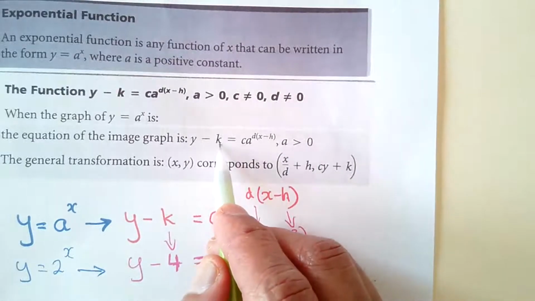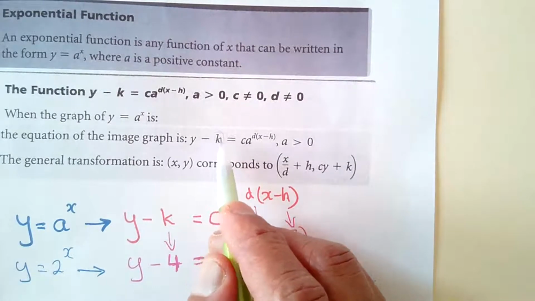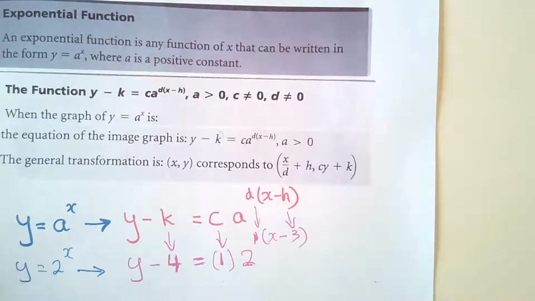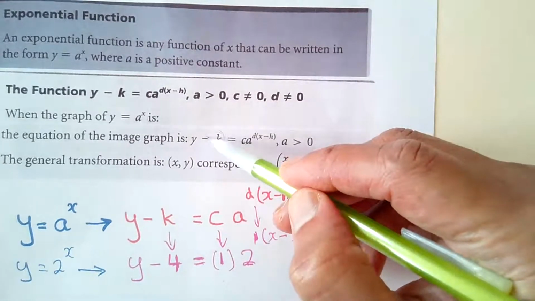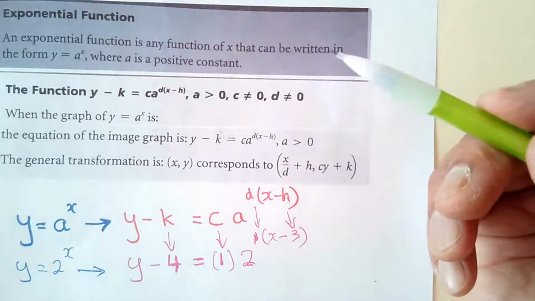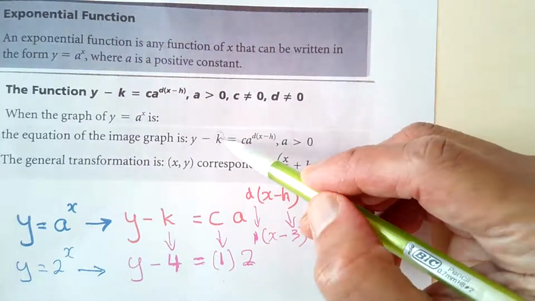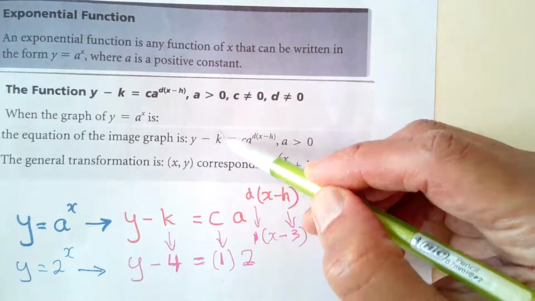Now, this is your vertical translation. So the k, if it's written this way, the vertical translation would be, in this case, plus k, going up.